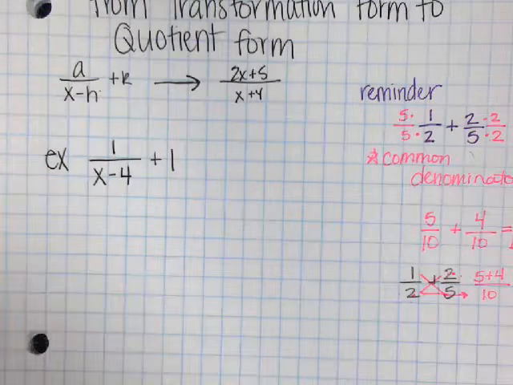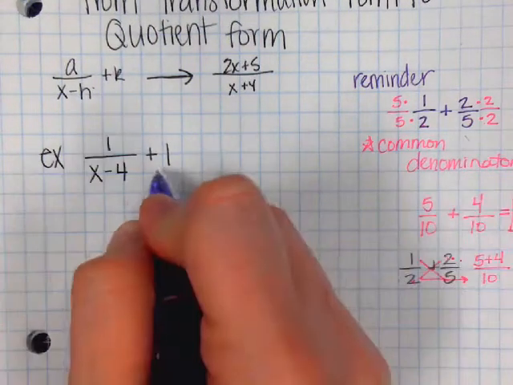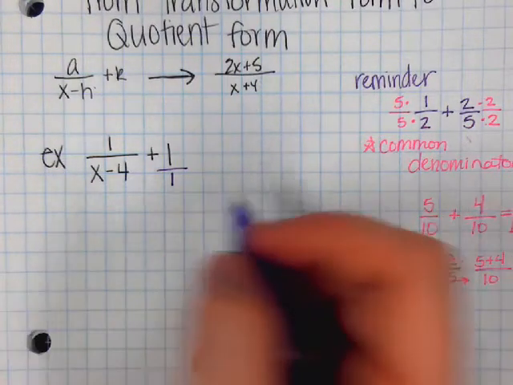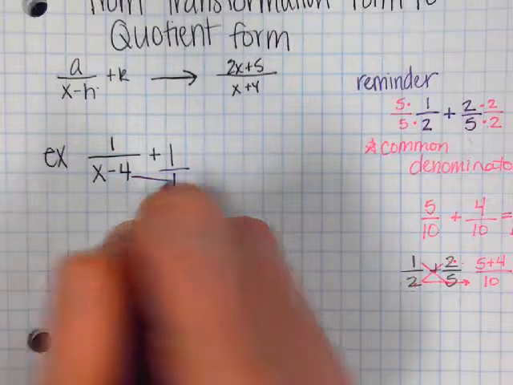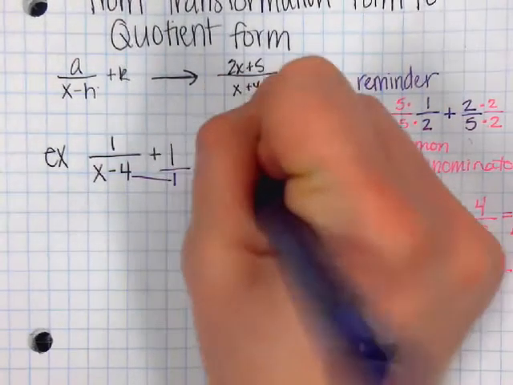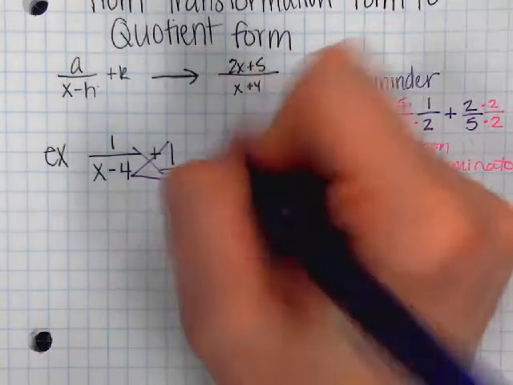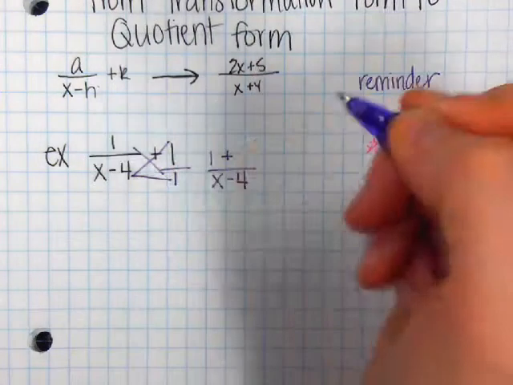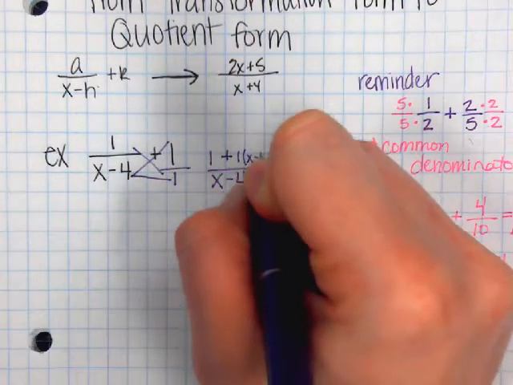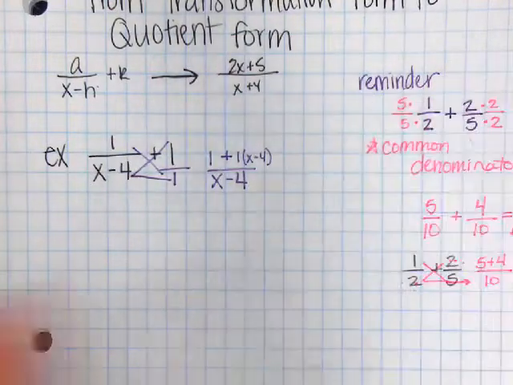So when we do this example right here, if you notice, this is just a 1, so it's not a fraction. I'm going to put it over 1 just so that I can have the denominator. So I'm going to multiply across the bottom, which would be x minus 4, and then multiply across. So 1 times 1 is 1, plus 1 times x minus 4, which is just 1x minus 4.